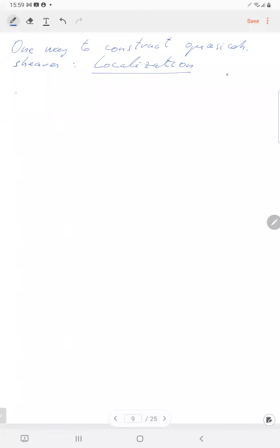Namely, suppose we have the global sections O_X(X), and this is A. If X is affine, so if it's the spectrum of this A, then it will be especially nice, and we will study this next time. In this case, the localization will be an equivalence of categories from A-modules to quasi-coherent O_X modules.